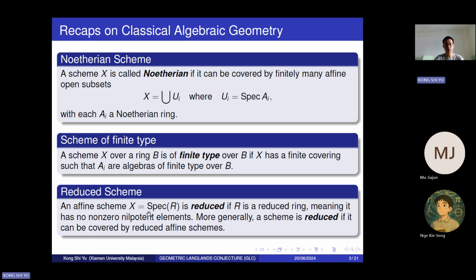If an affine scheme X is the spectrum of a ring R, it is reduced if R is a reduced ring, meaning it has no non-zero nilpotent elements. Note that this is an affine scheme; generally, a scheme is defined as reduced if it can be covered by reduced affine schemes.